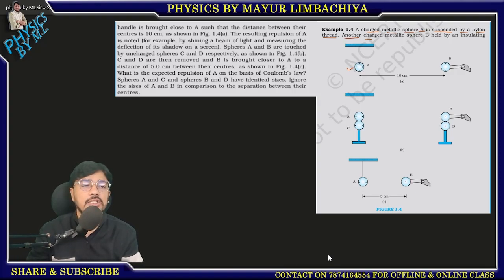Then another charged metallic sphere B, held by an insulating handle, is brought close to A such that the distance between their centers is 10 centimeters. So look at that, another charged metallic sphere B is brought closer to sphere A such that they are 10 centimeters apart.